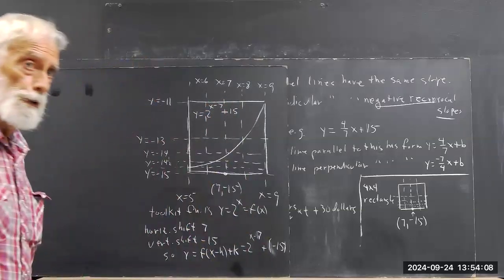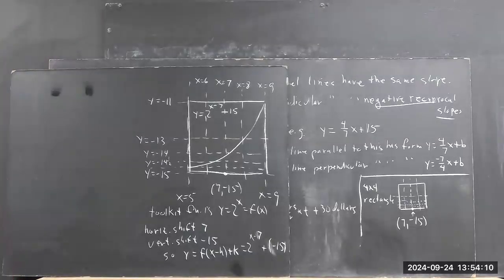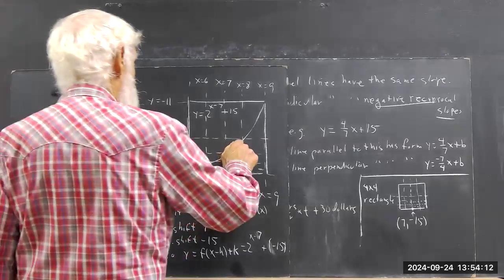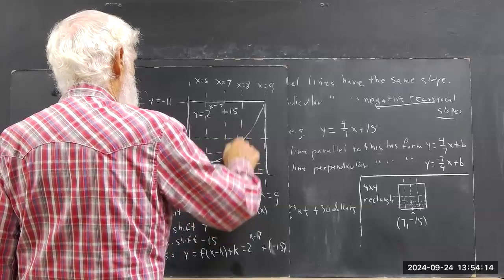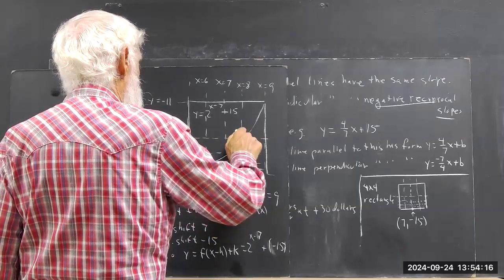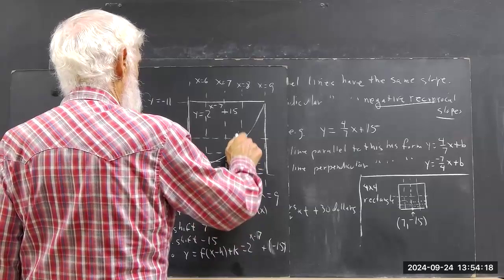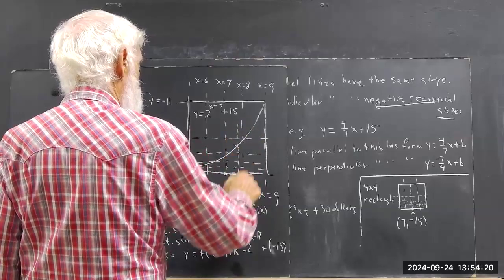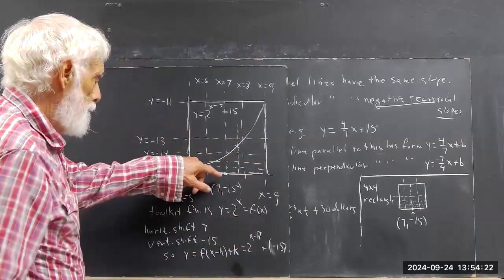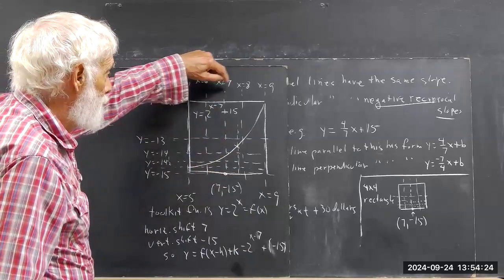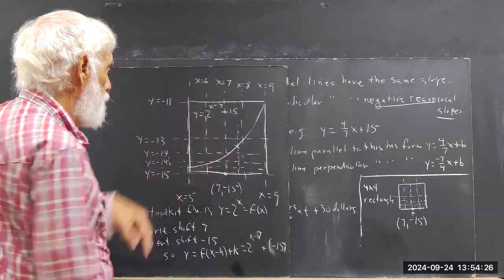You estimate the coordinates of a point. Okay, so I could estimate this point here to be... I don't really have room to label this line here. But x looks like this, between 7 and 8, somewhat closer to 8.